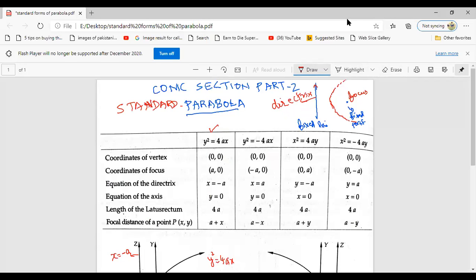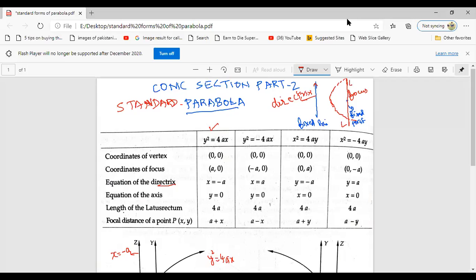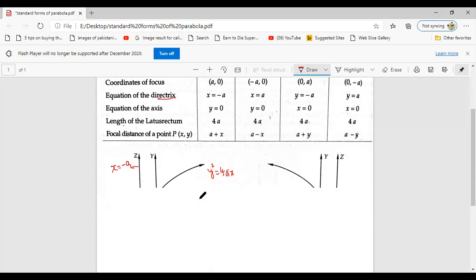So the equation of the directrix is x equal to minus a, and the latus rectum is a chord which is perpendicular to the x-axis and passing through the focus, L L dash. Let us see here in the diagram.